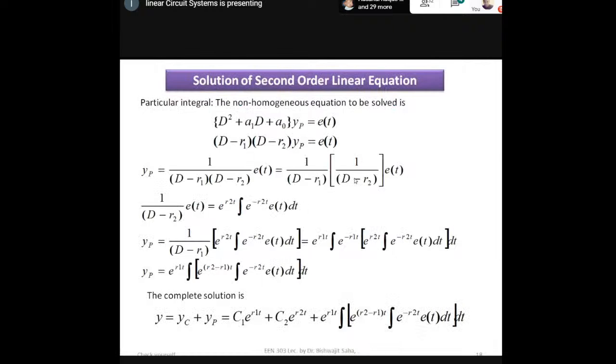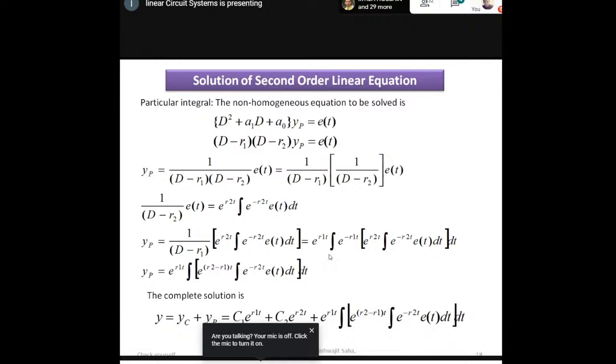Okay. After that, again apply that equation, where it was 1 over u1, now it's going to be 1 over u2. This u2 means e to the power r1t, because here the root is r1.